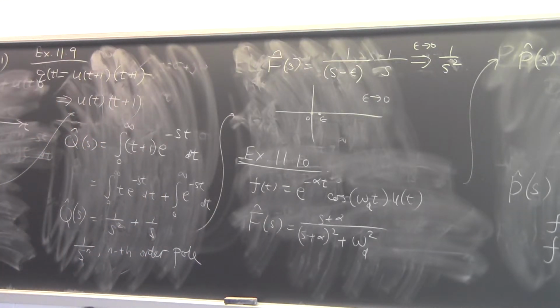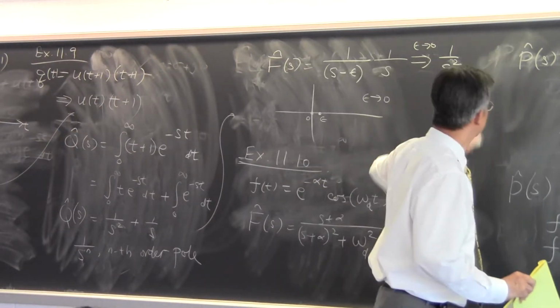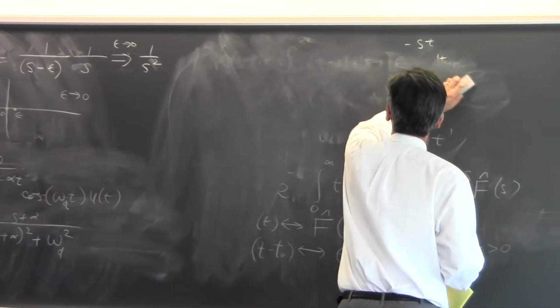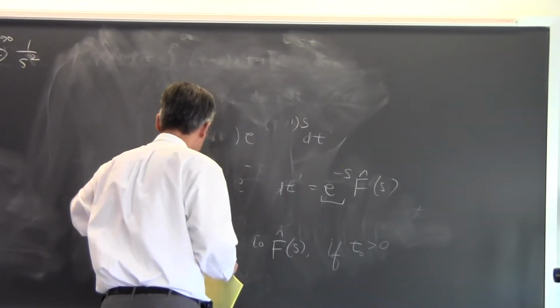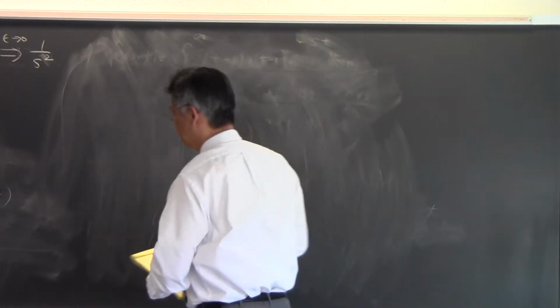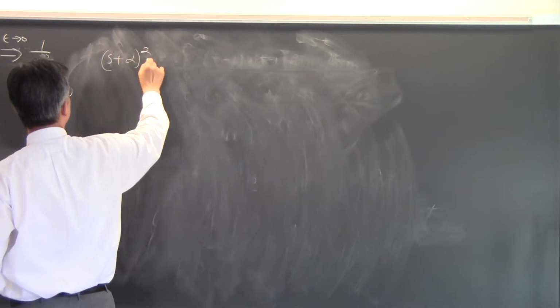And if you stare at this result, does it have a pole? And if it does have a pole, where is the pole located? The pole is given by the value of s such that the denominator goes to 0. So you find the location of the pole by setting this to 0.